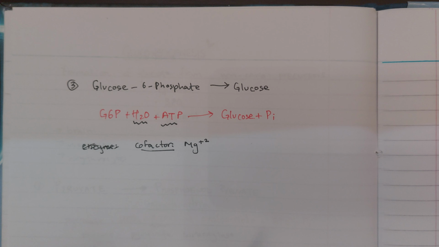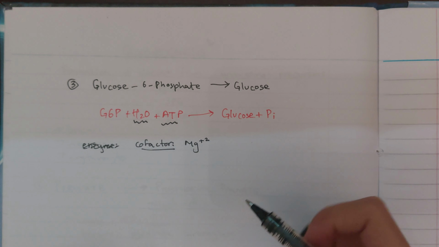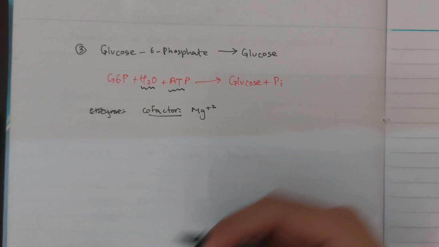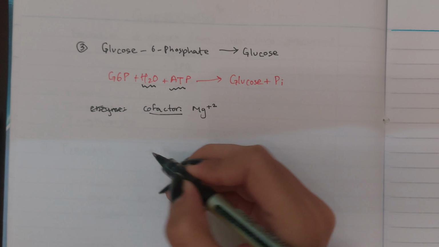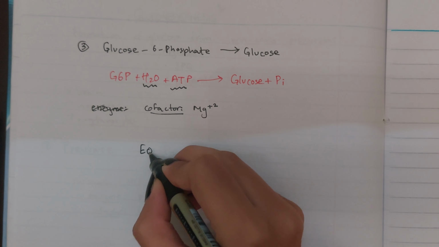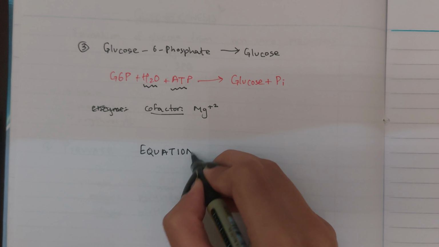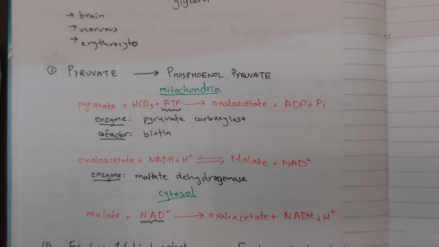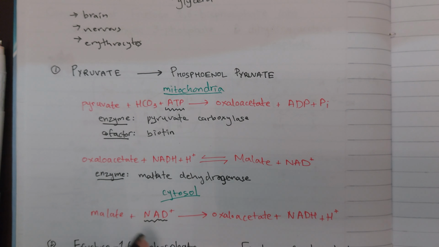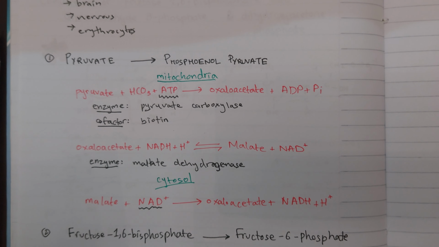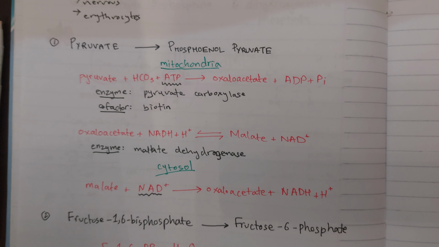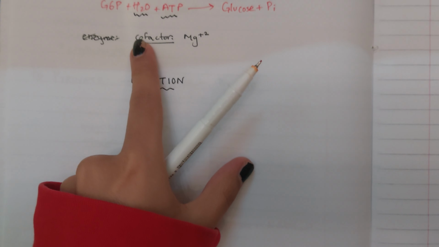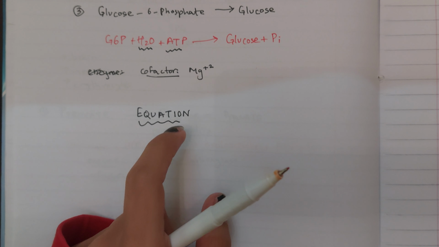So what did we gather from all these reactions? The sum of the whole entire equation of gluconeogenesis will turn out to be, as we saw, a molecule of ATP was used, a molecule of NAD was used, H2O was used, and pyruvate, another molecule of H2O, and an ATP was used.